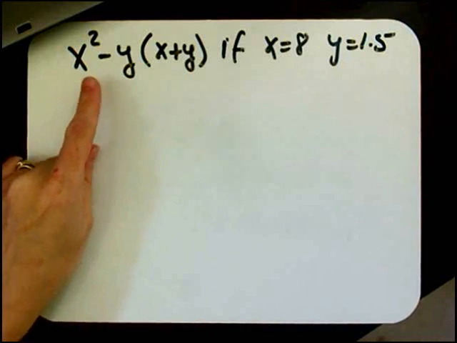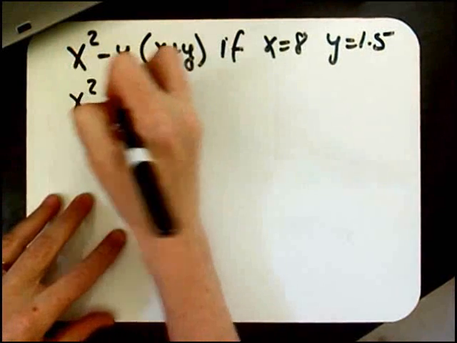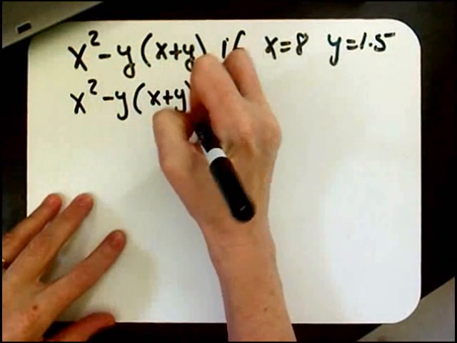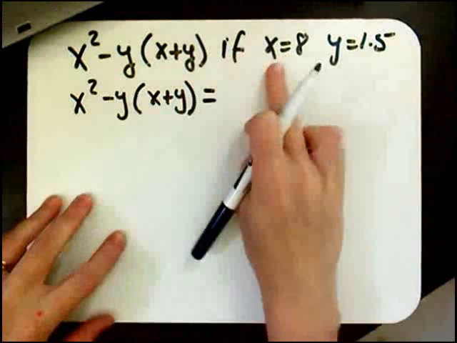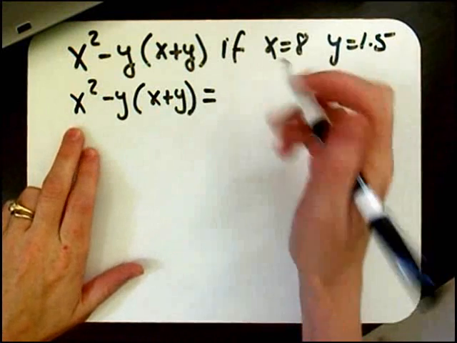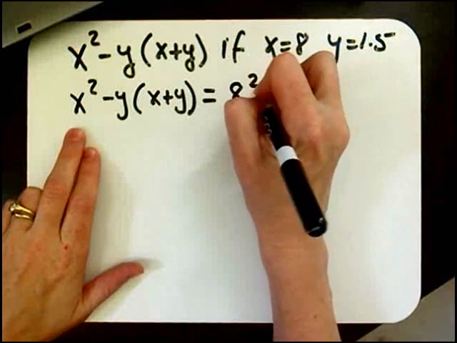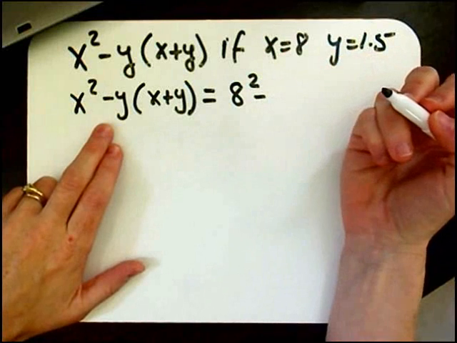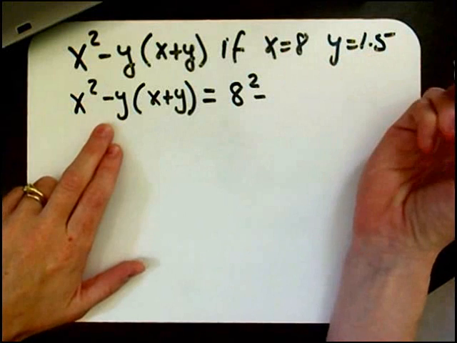So if we have x squared minus y, open x plus y, when we throw our numbers in, let's substitute all of our x's in first. So we have x squared, x equals 8. So then we have 8 squared minus, well, then we have our y, which is 1.5.